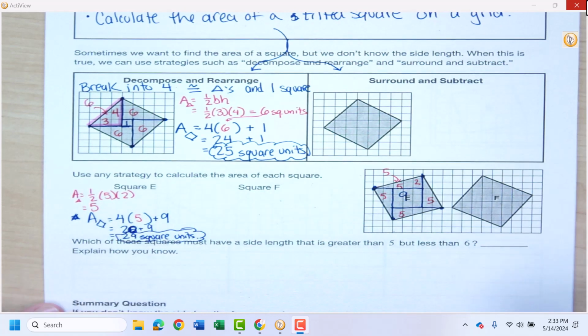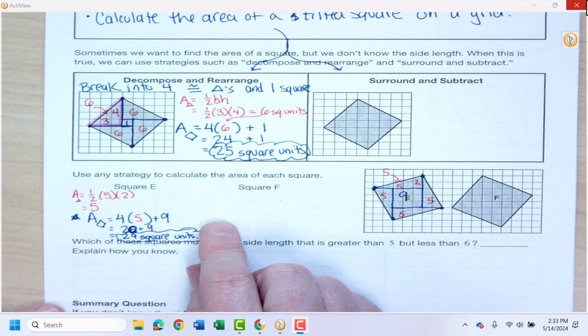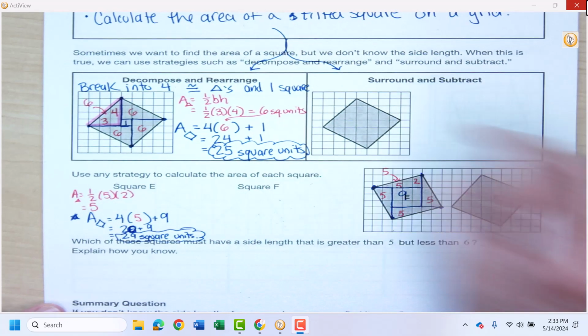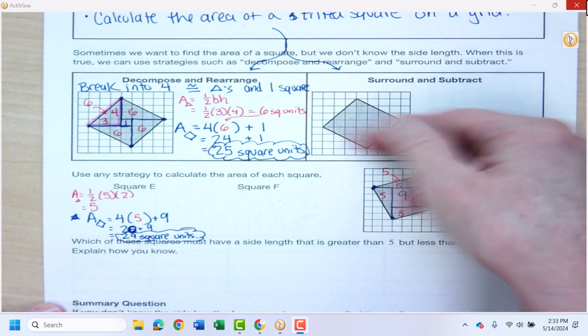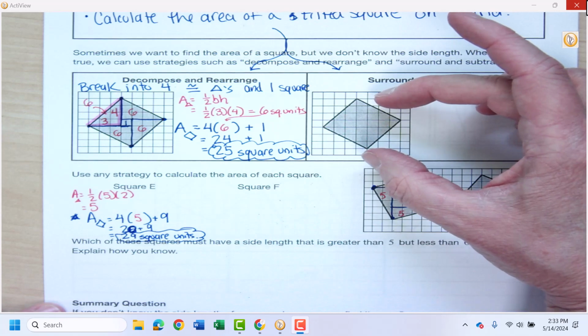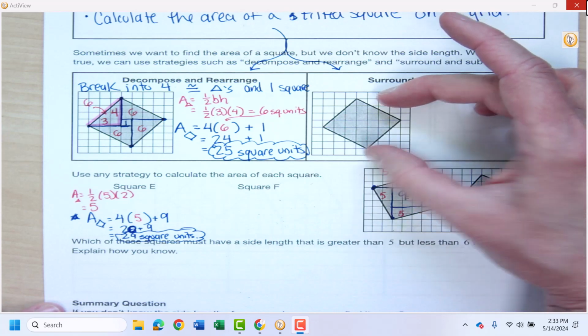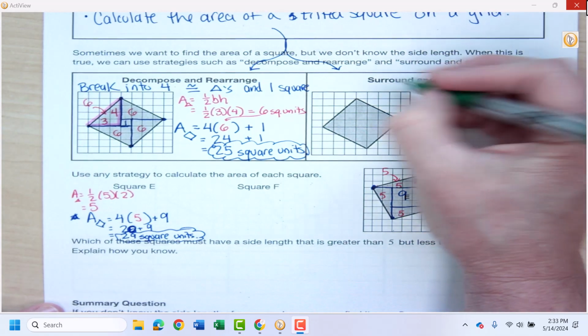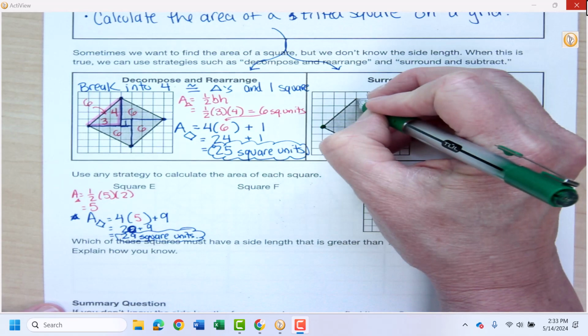All right. So that's one method we can use, decompose and rearrange. And the second method, instead of adding up stuff on the inside, we're going to draw a pretty square around this tilted one and subtract triangles off. We definitely still need to know how to find the area of triangles. So let's try the surround part of surround and subtract.